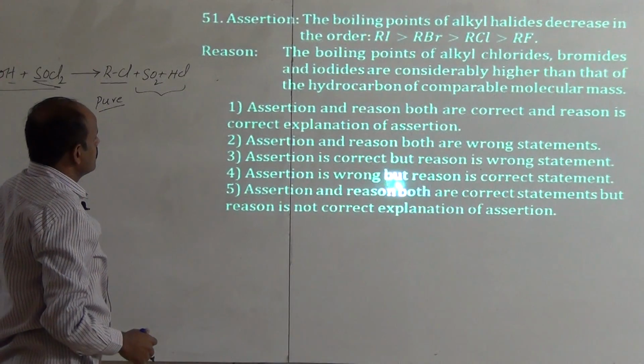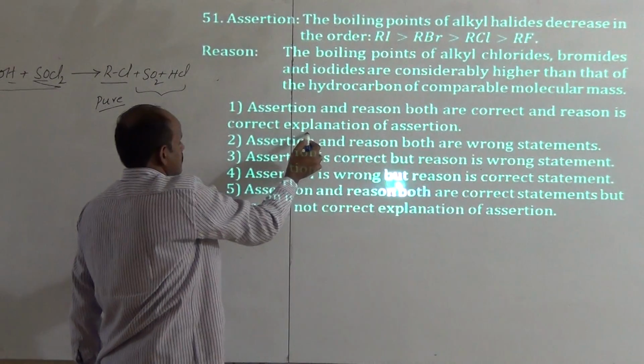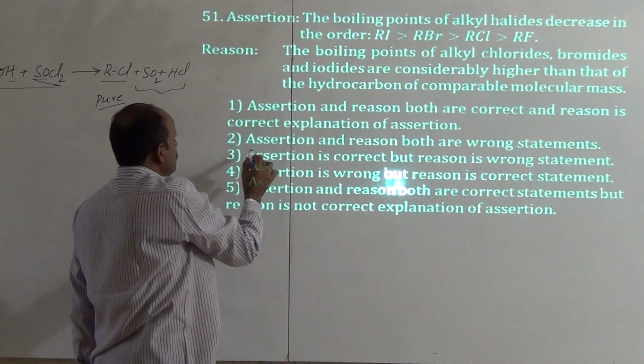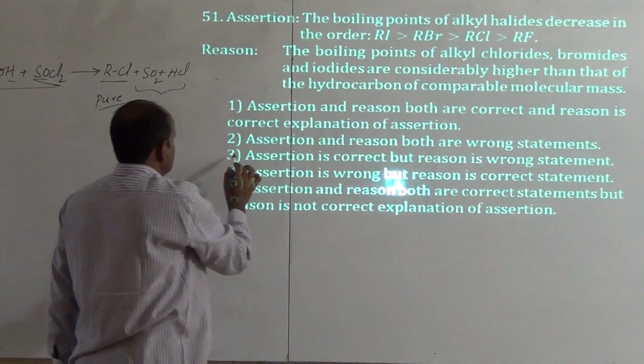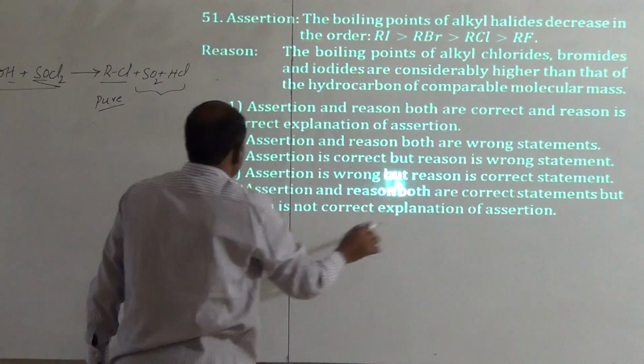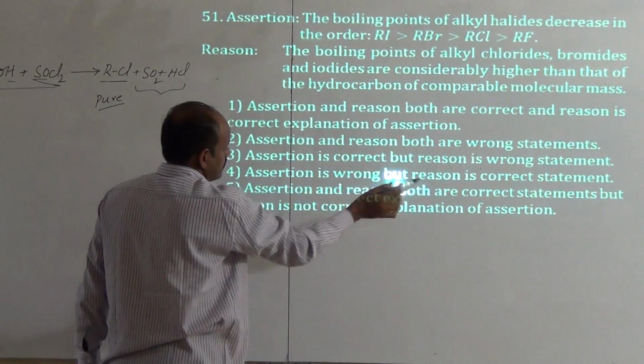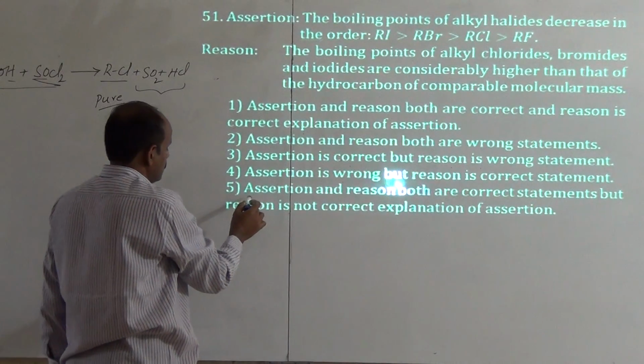Thus, which option is correct? Both are correct and the reason is the correct explanation. Is it the correct explanation? No. Both are wrong, not the correct one. Assertion is correct but reason is wrong. That is also not the correct one. Assertion is wrong but reason is correct. That is also not correct.